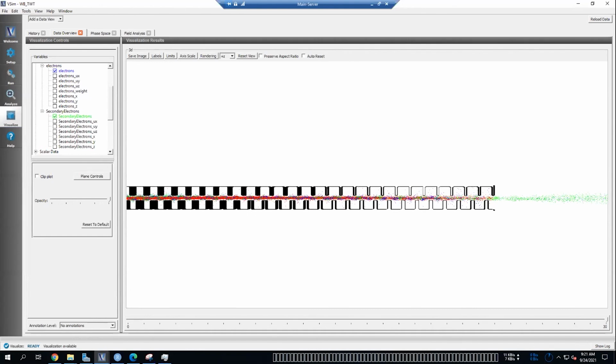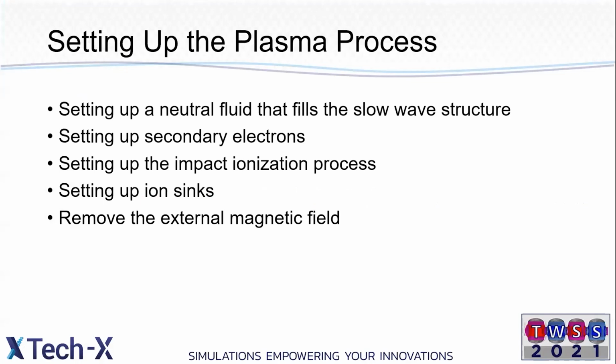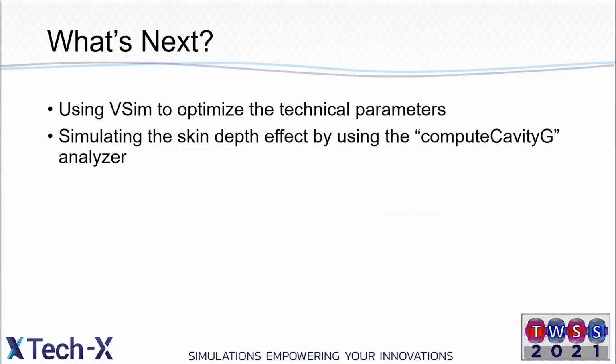Let's continue with our main presentation. So we did that part. So what do we want to do next for this research? The next step is to optimize the technical parameters to get proper velocity modulation and the desired plasma effect.